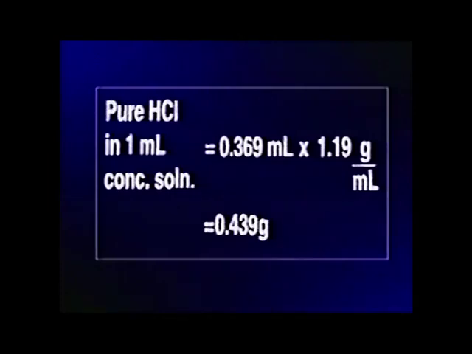That is, every milliliter contains 0.439 grams of pure HCl. Remember, we need 27.4 grams HCl to prepare the solution. By a simple mathematical ratio, we see that there are 27.4 grams HCl in 62.4 milliliters of concentrated HCl.